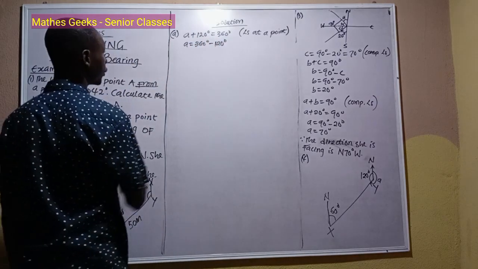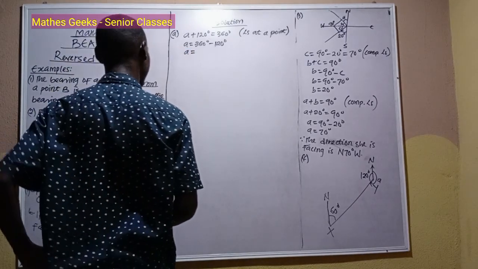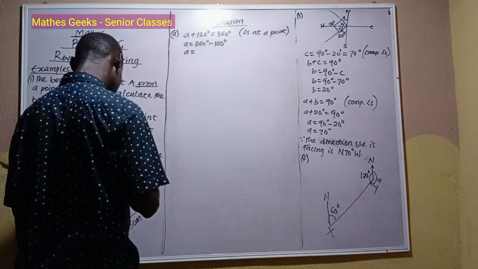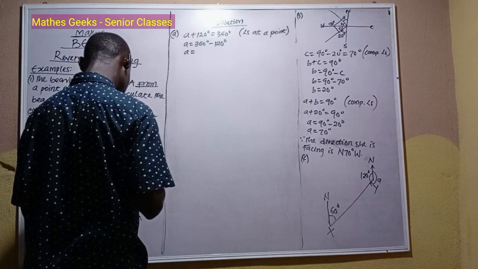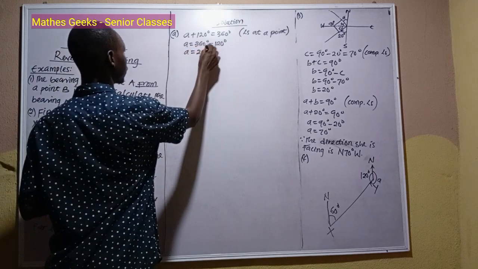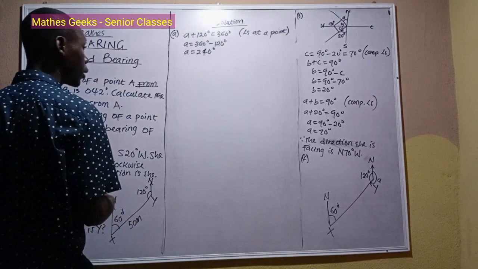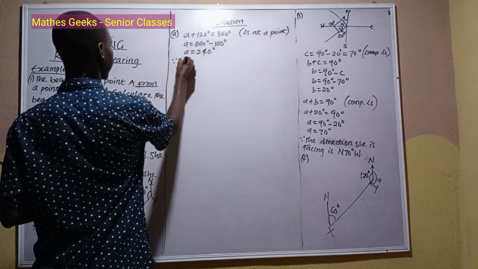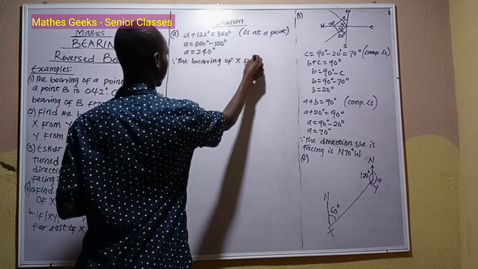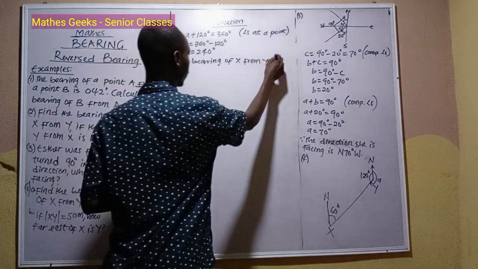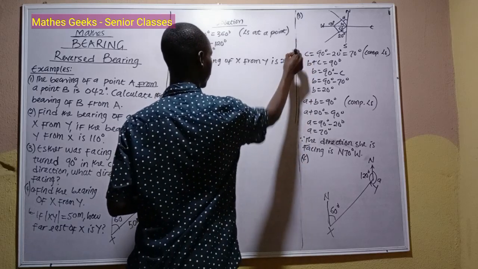So A is equal to 240 degrees. That's the bearing. Therefore the bearing of x from y is equal to 240 degrees.